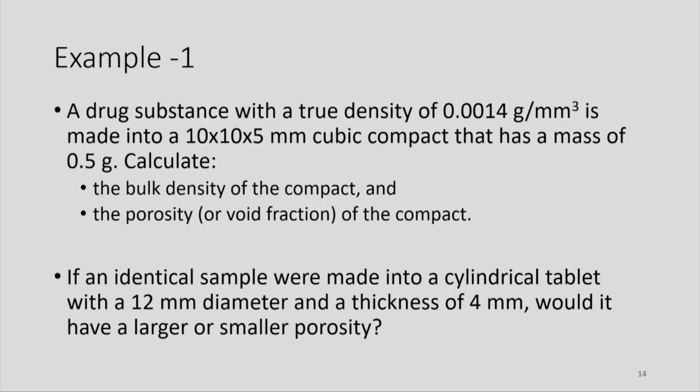Let's do this calculation. A powder with a given true density is made into a cubic compact, 10 by 10 by 5, with a mass of 0.5 grams. We calculate the bulk density and the void fraction of the compact. Then the same powder is made into a cylindrical tablet.